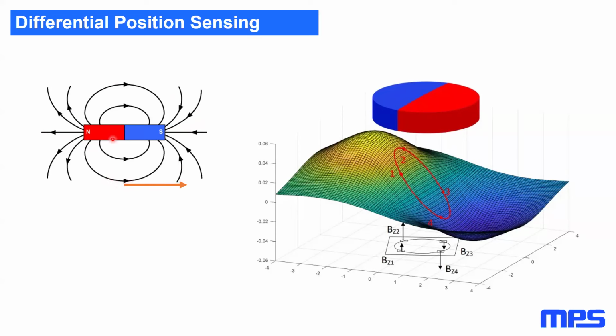And as this thing rotated, and it's hard to picture a rotation here, it would be like south going into the screen and north coming out of the screen. You would see this flux then start to point into the screen until it was reversed with south over here, north over here, it'd be left. And so you can see how as it would rotate, our magnetic flux would rotate into the screen left, out of the screen right. That's typically what we're looking at in a non-differential position sensor.